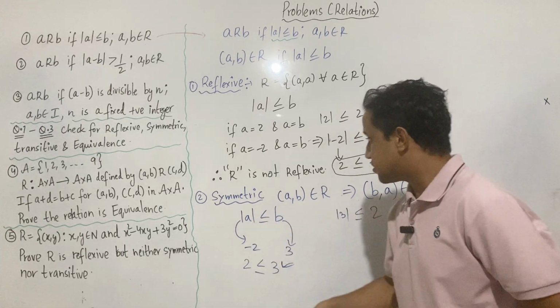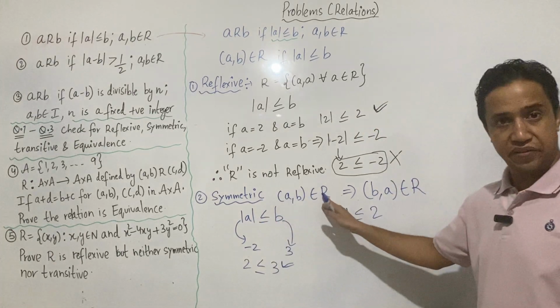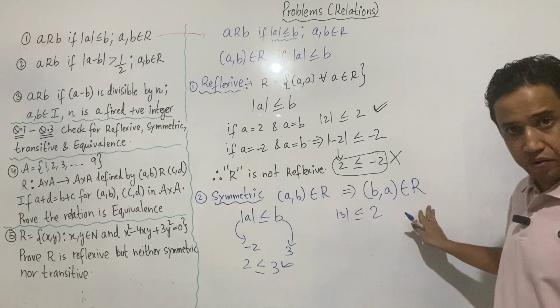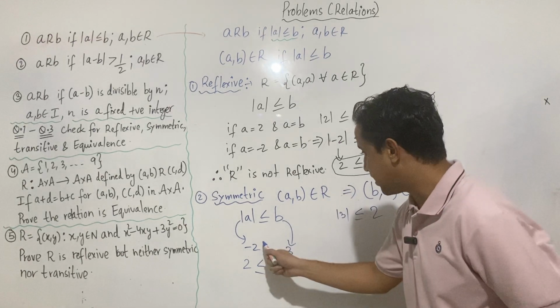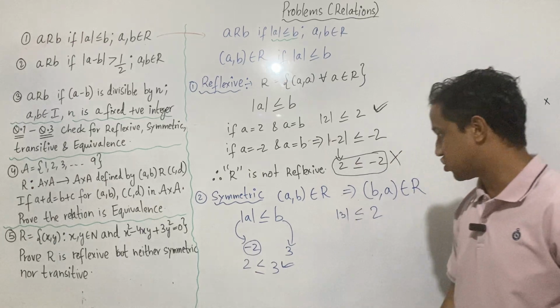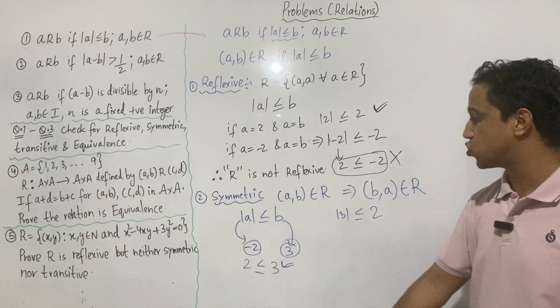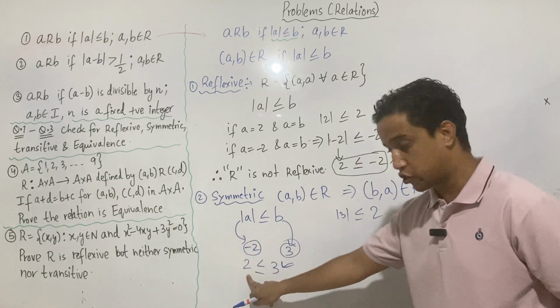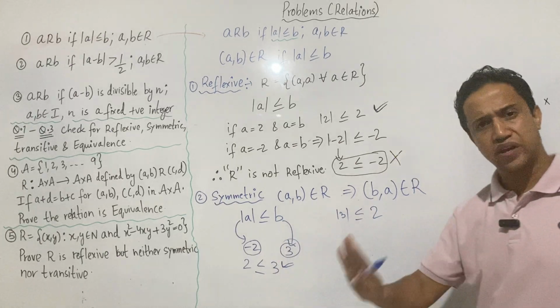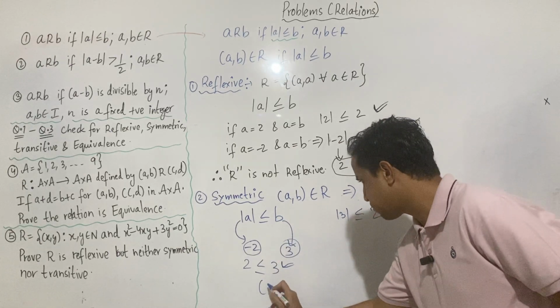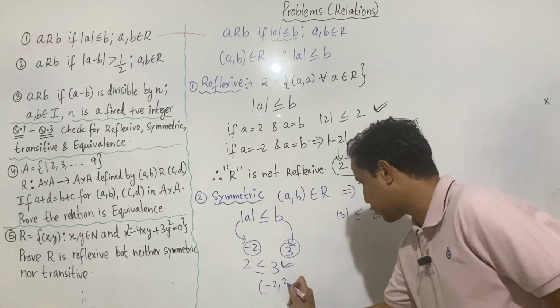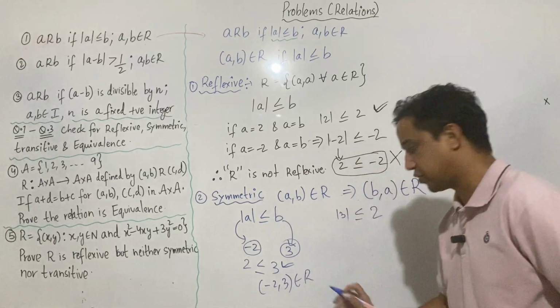Symmetric means if your AB is in the relation, then your BA must be in the relation too. So let's say I put A equal to minus 2 and B I took 3. The mod of minus 2 is going to be 2, which is less than or equal to 3, which is fine. It means that minus 2 and 3 are in the relation, right?